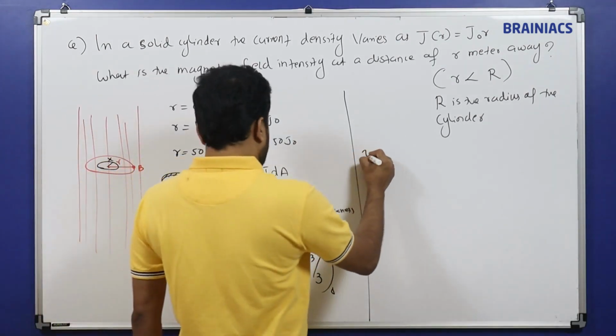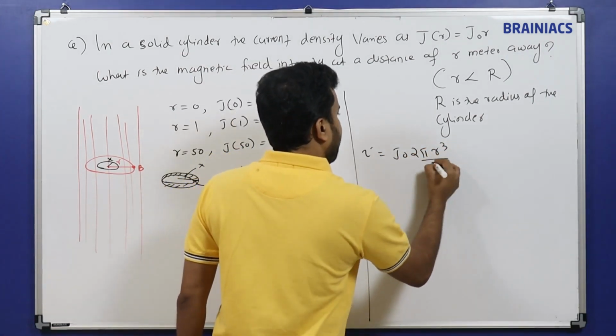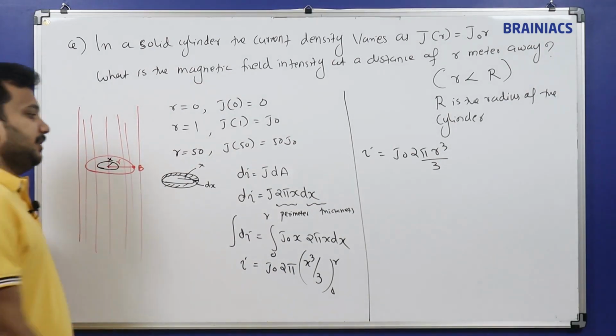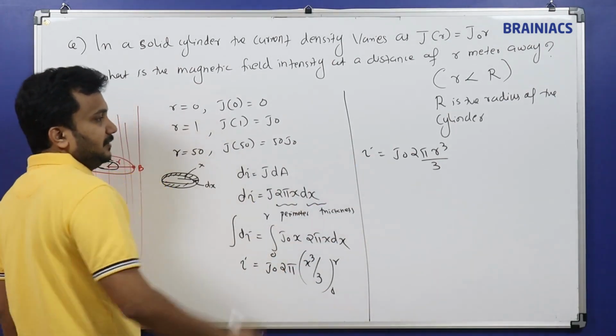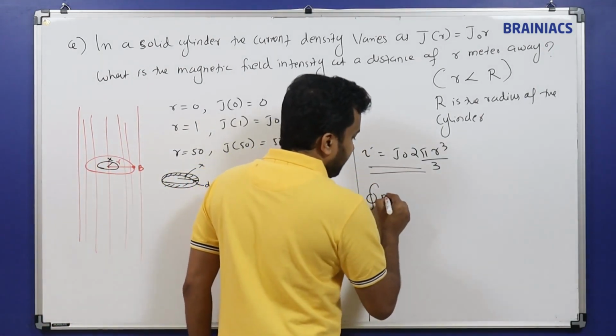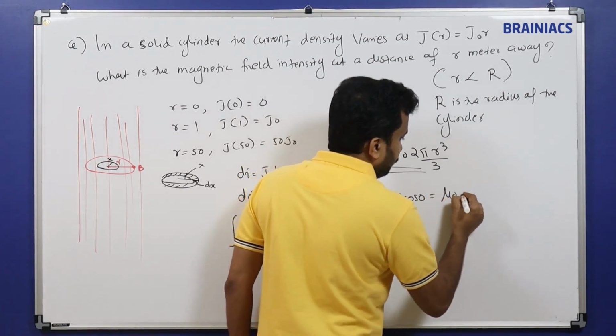Now I will be equal to J naught 2 pi r cube divided by 3. This is the expression, upper limit minus lower limit. If you apply lower limit 0, then there is no second factor. This is the current.